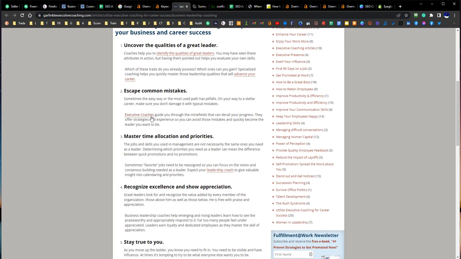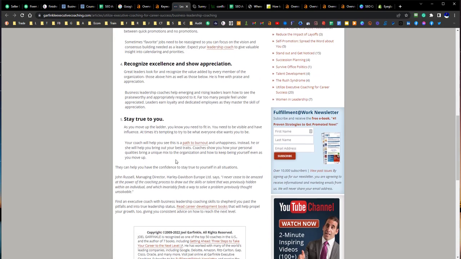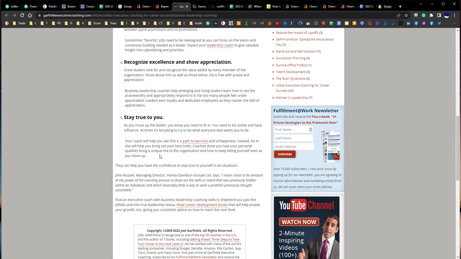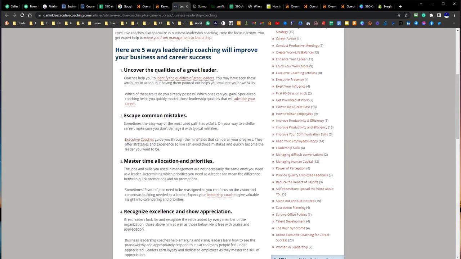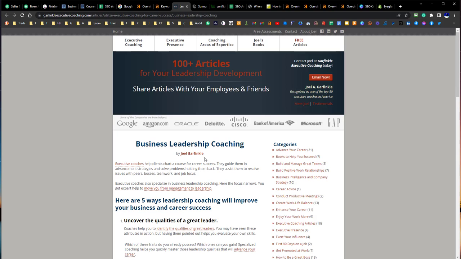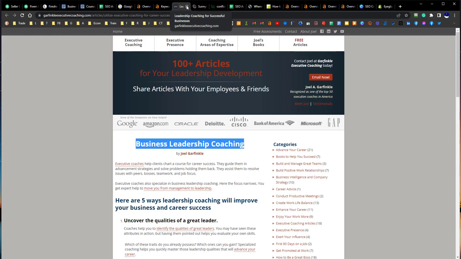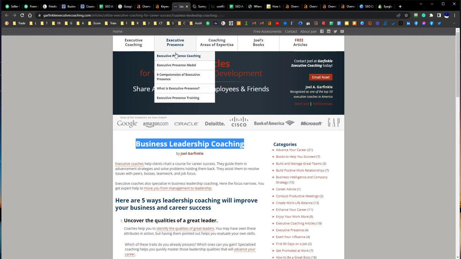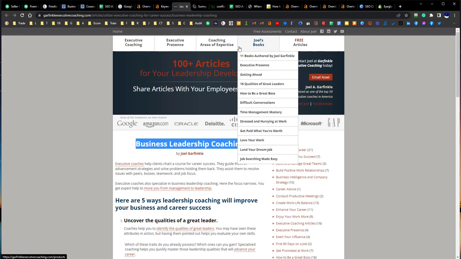So these are all ranking signals within the content that is letting the search algorithms understand that this content is meant to identify with that, and he even makes the title of this article business leadership coaching, right? So that kind of shows you the mechanics of how it works. And this basically is all a blog.